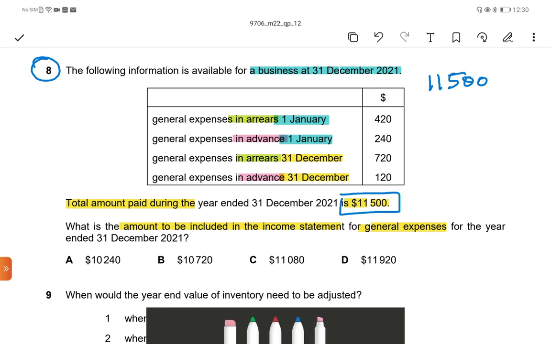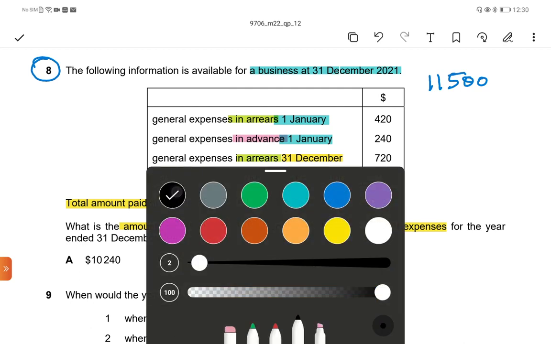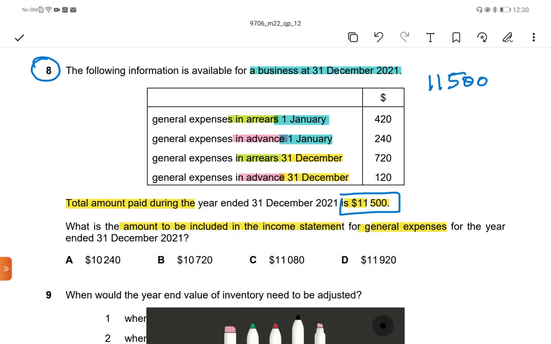Outstanding means arrear, the service is done but the payment is not done, so we include it in the current year income statement. But this is the opening outstanding, and opening outstanding we always deduct.